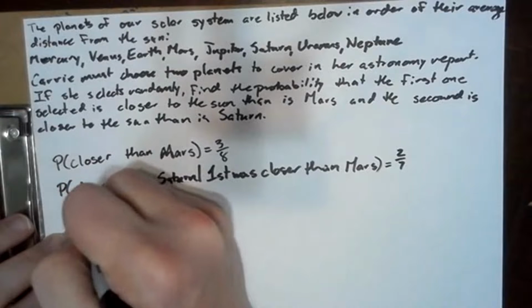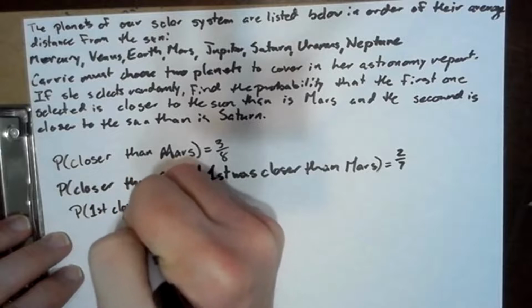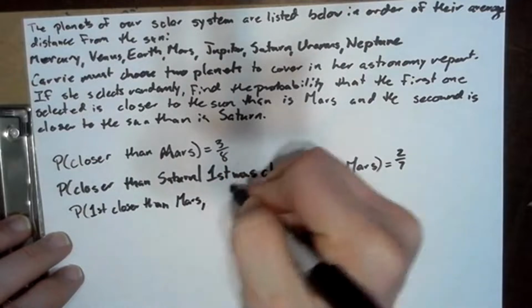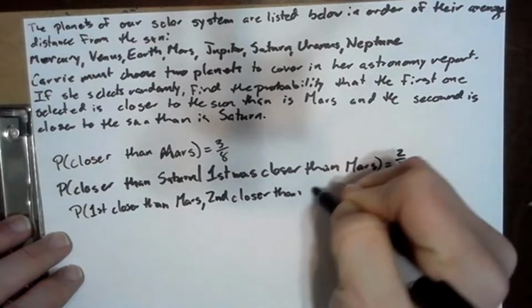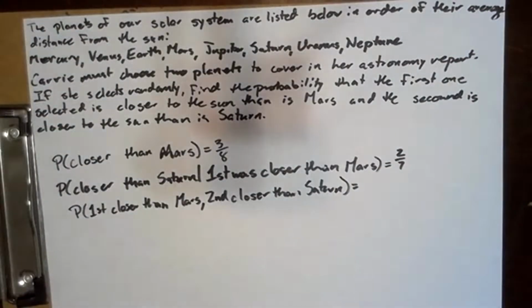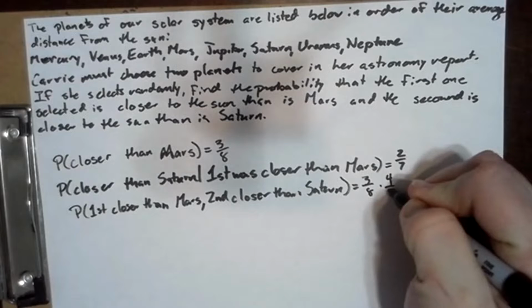Then the probability of the first being closer than Mars and the second closer than Saturn is 3/8 times 4/7.